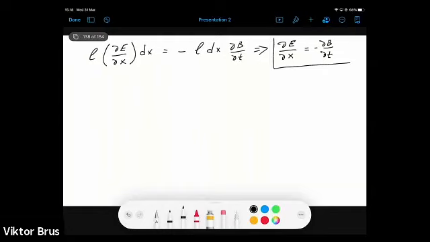And this equation we will mark with one star, the one star equation.